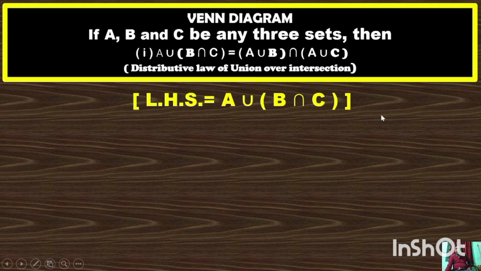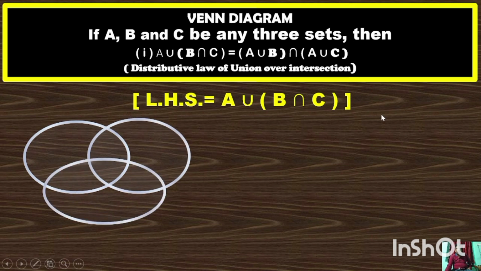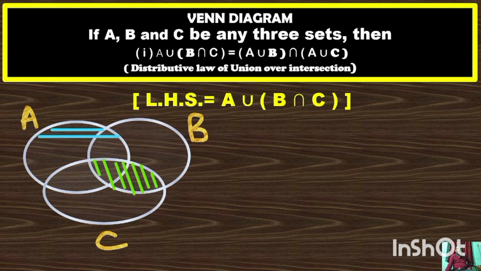Look at the Venn diagram here. ABC, you have to take the three sets. First take the elements of B intersection C, because they are the common elements. Then you have to take their union with set A.